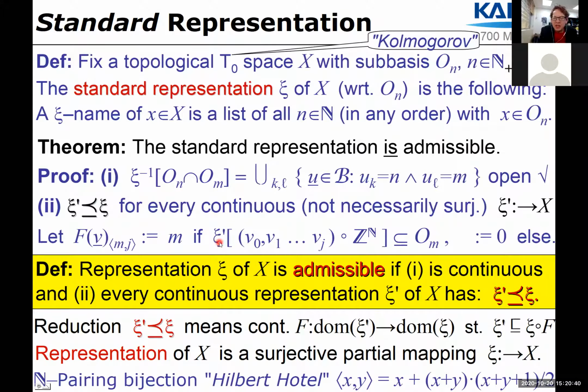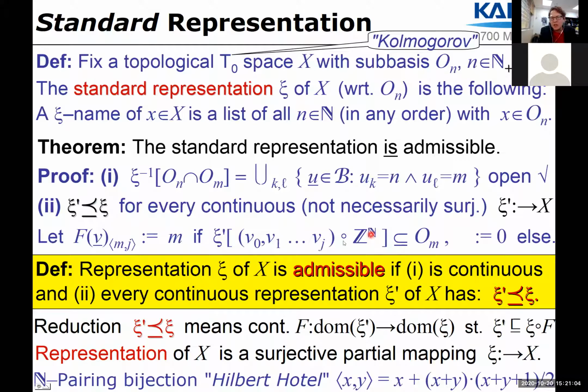So take the image of Xi prime under this initial segment. The argument to our translation function is an infinite integer sequence, an element of Baire space, and we consider only the first few elements of that sequence, and then extend that arbitrarily to an infinite sequence.